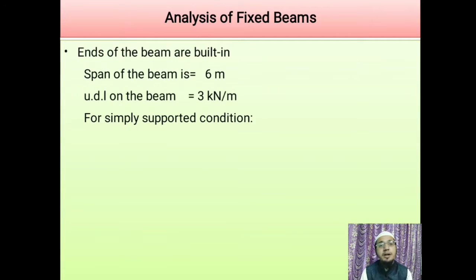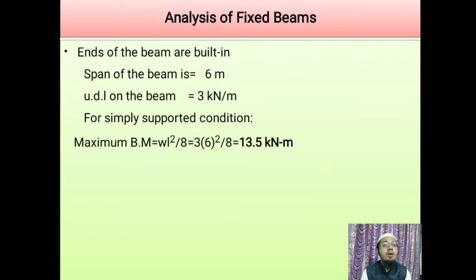So for simply supported condition, we will find the bending moment diagram or maximum moment which will occur at the center. In case of simply supported condition, we know that maximum bending moment will be at center, of amount WL square by 8. Just simply put the values of load and span.